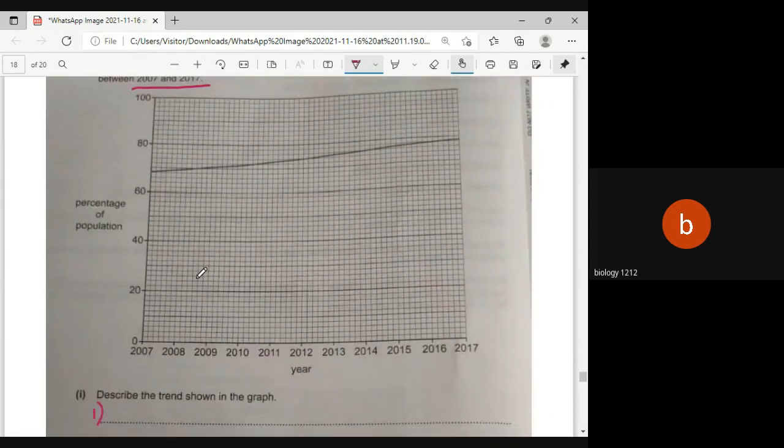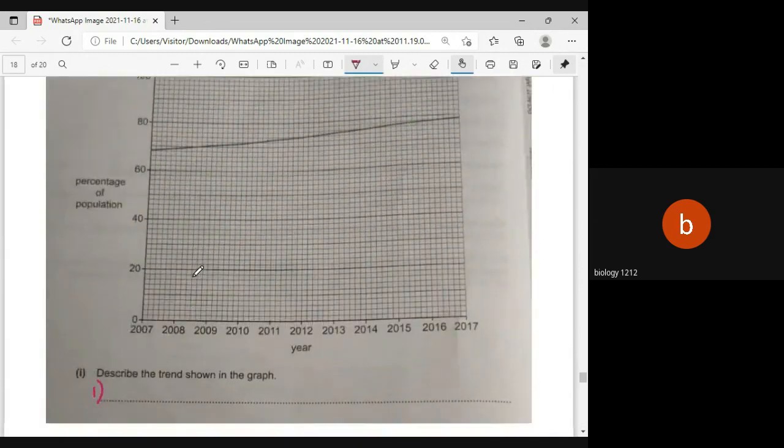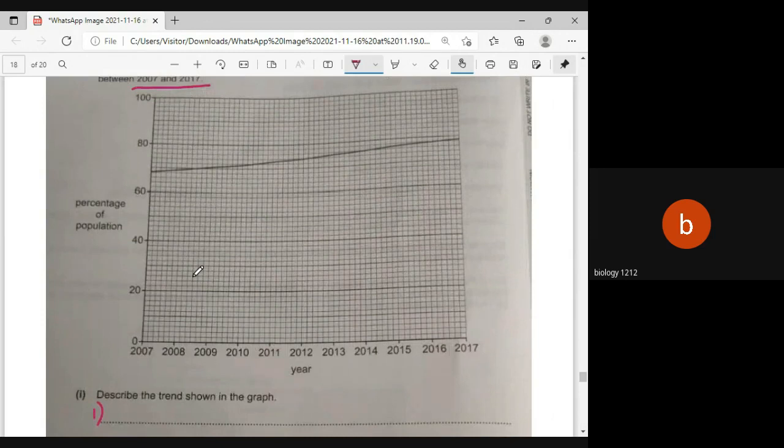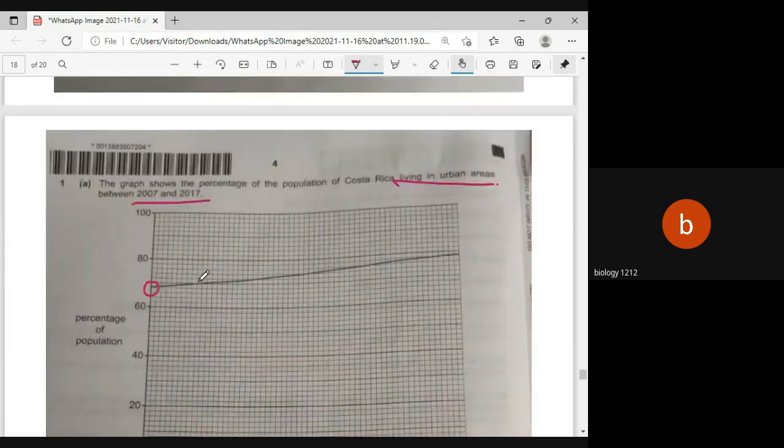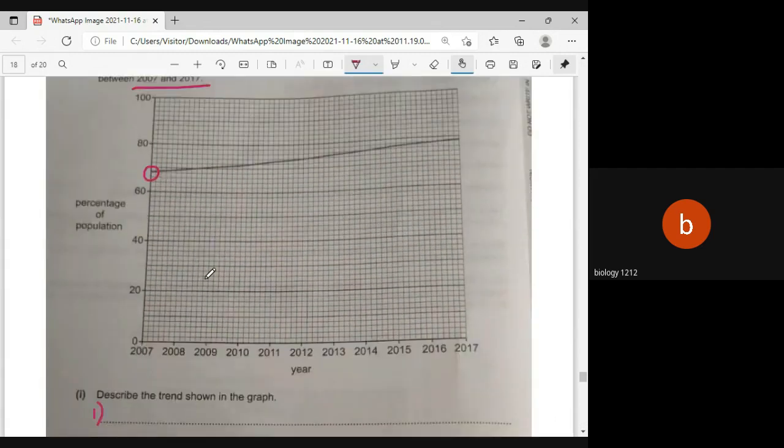Now if you see, the population percentage is increasing. In 2007 the percentage of population was around 68%. You can make 2 points here very easily.